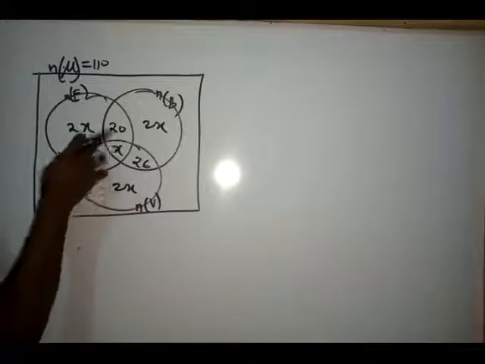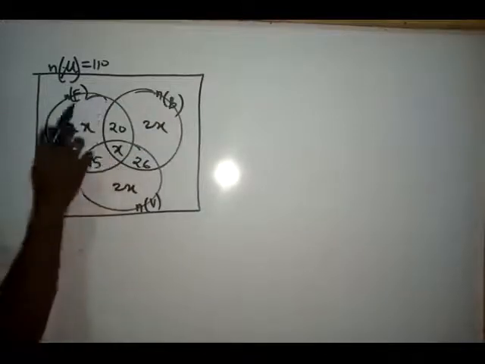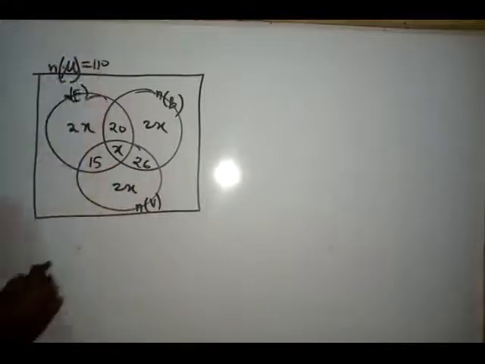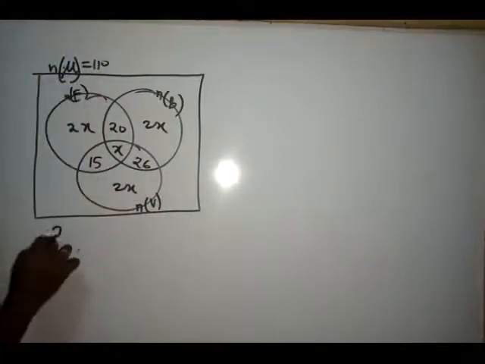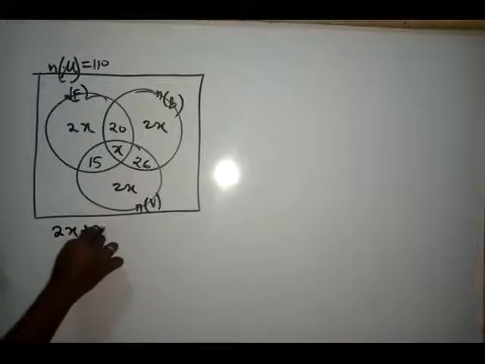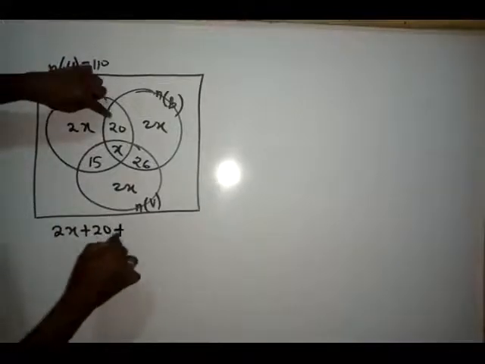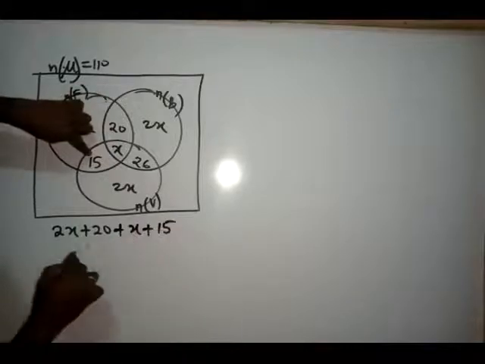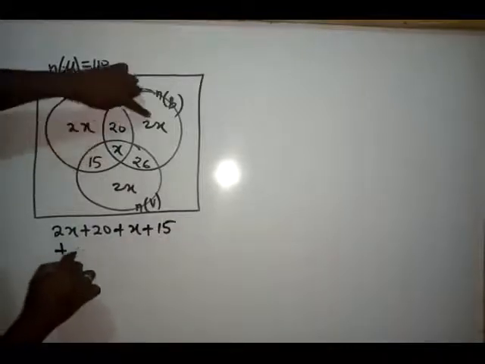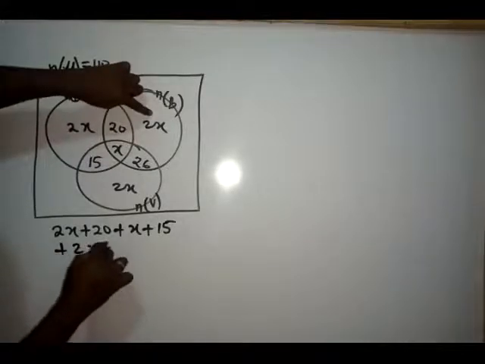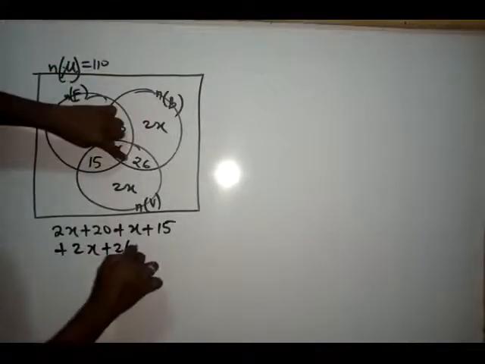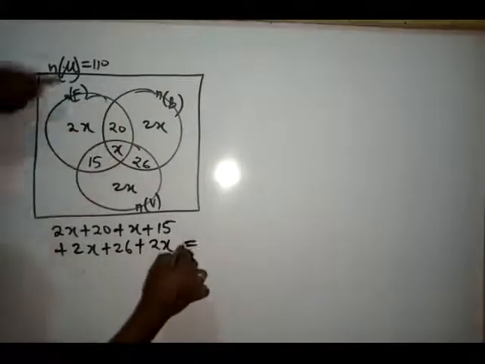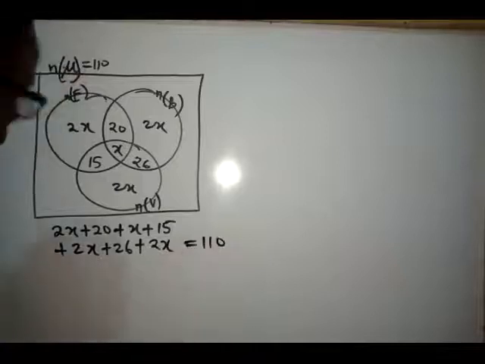Very easy. We're looking for B. For us to get B, we need to add all of these compartments together and equate to 110. So let's just do that straight: 2x plus 20 plus this x plus 15, then plus 2x again plus 26 plus 2x. Everything should give us 110.